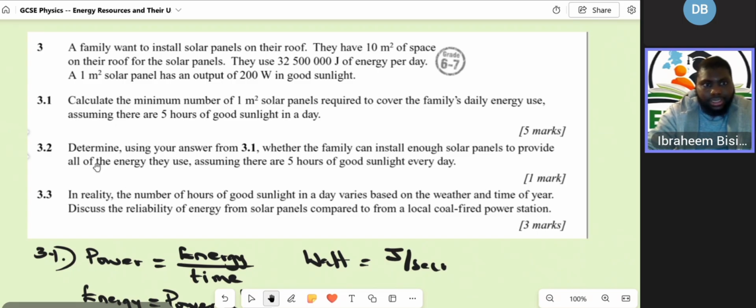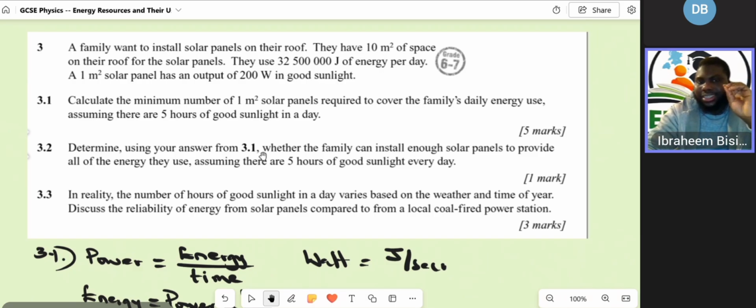They said, determine using your answer from 3.1 whether the family can install enough solar panels to provide all of the energy they use, assuming there are 5 hours of good sunlight every day. So we have used this assumption in the calculation already, and we arrive at 9 point something. Which means that if they use 9 solar panels, it won't produce sufficient energy for their use per day.